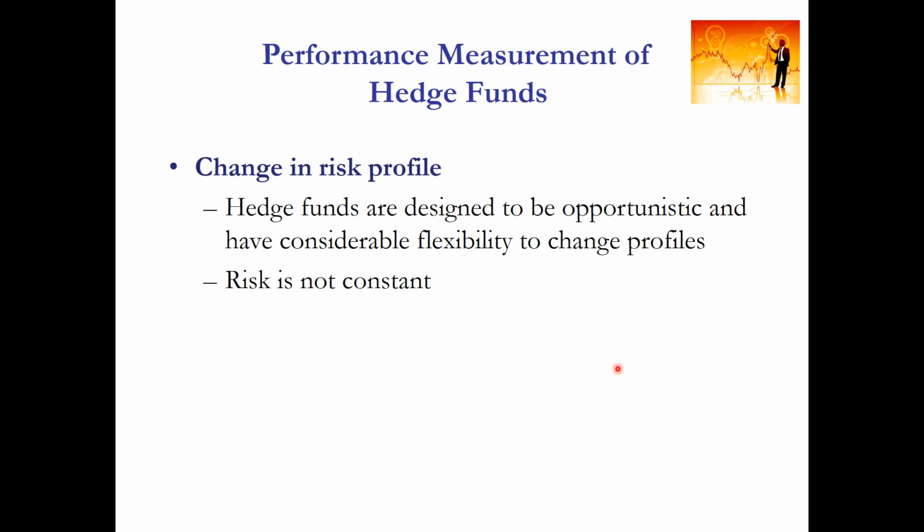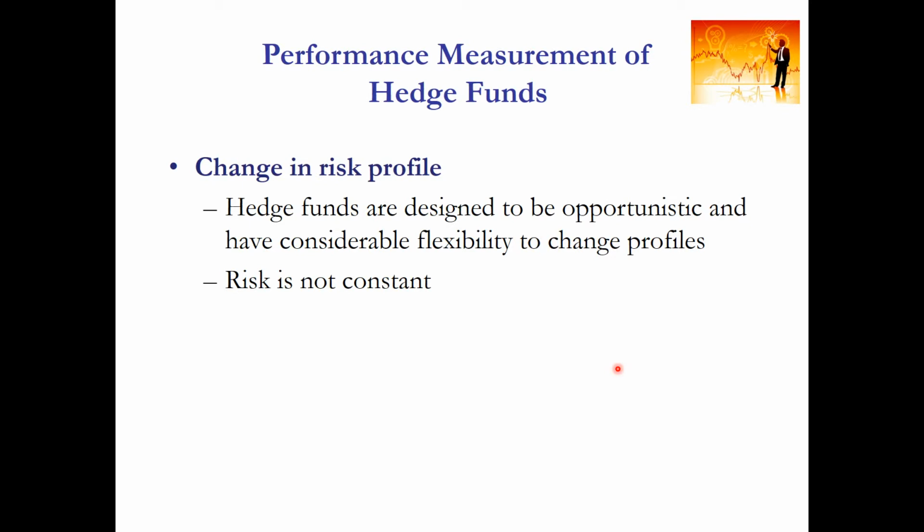Finally, hedge funds are designed to be opportunistic. They have quite exotic investment strategies and considerable flexibility to change the profile of their investments across time. In a nutshell, the risk of hedge fund investments is not constant through time. In fact, risk profiles can vary quite dramatically.